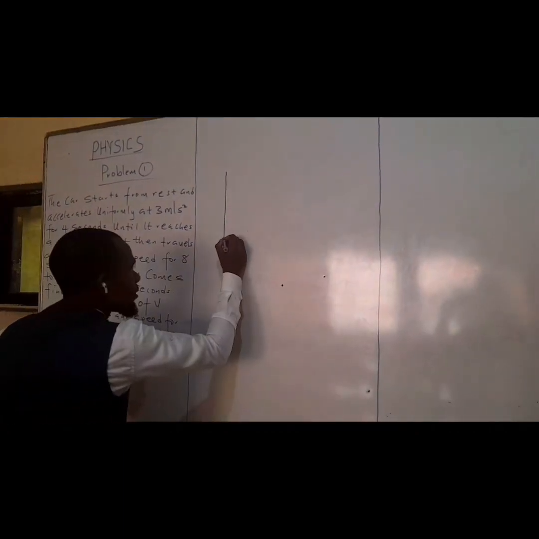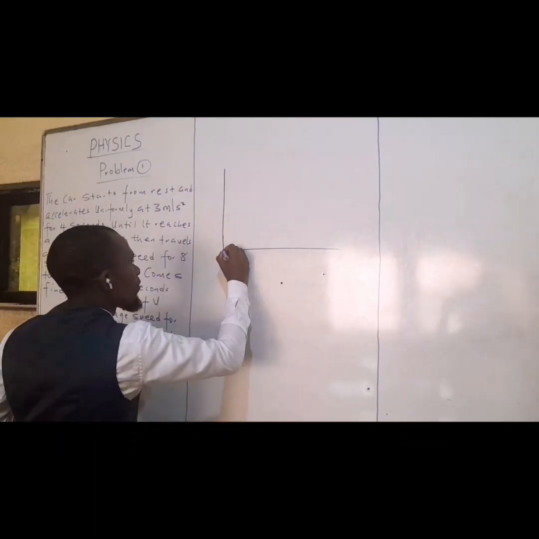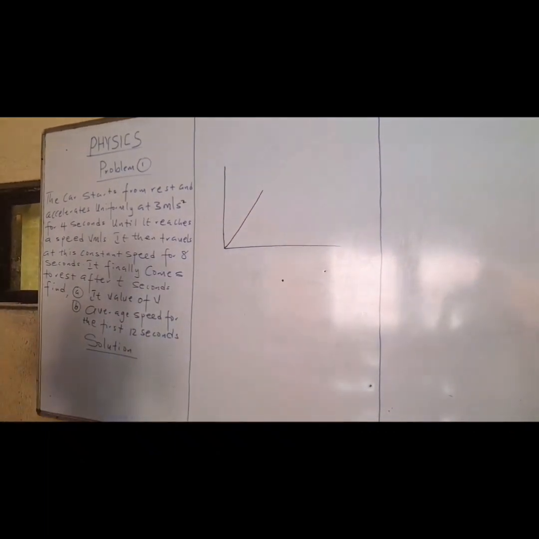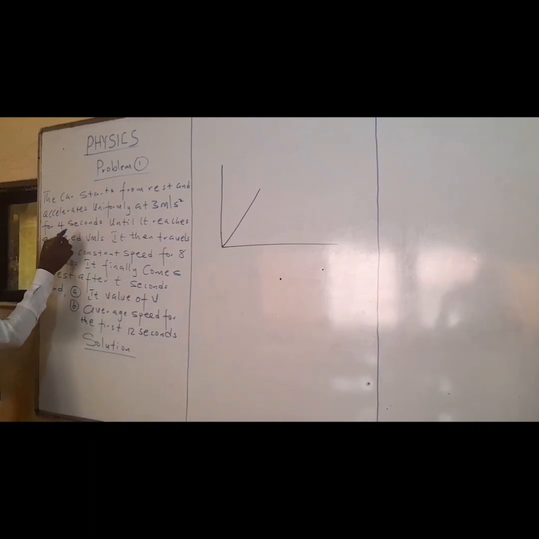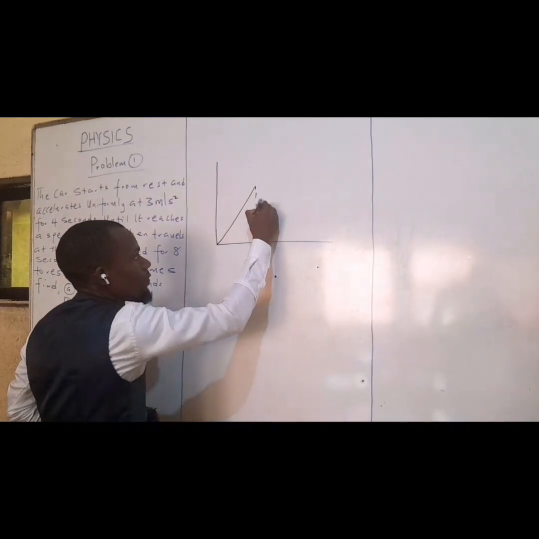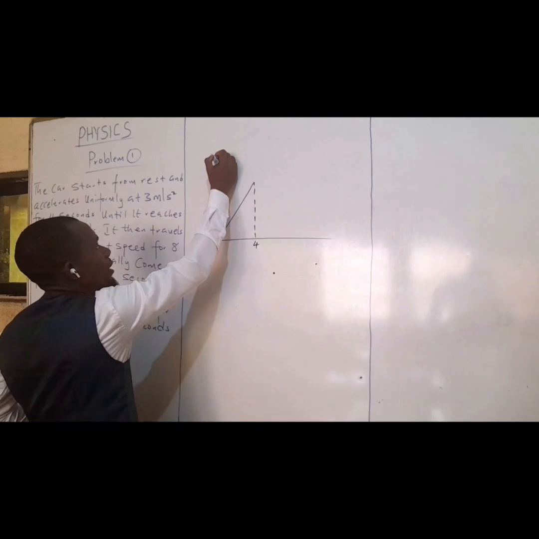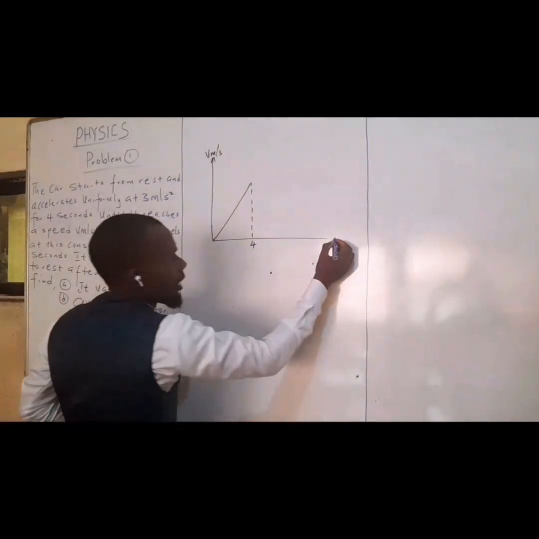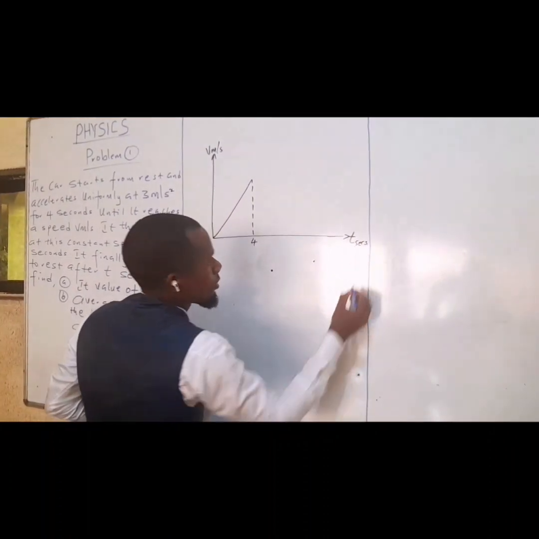That means I have this is the velocity time graph. 4 seconds. That means for 4 seconds. So here is 4. Remember, here is my V, meter per second. And here is my T, seconds. You get it now?